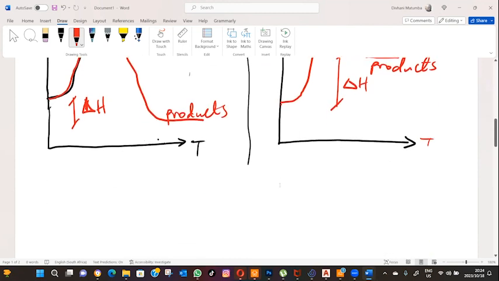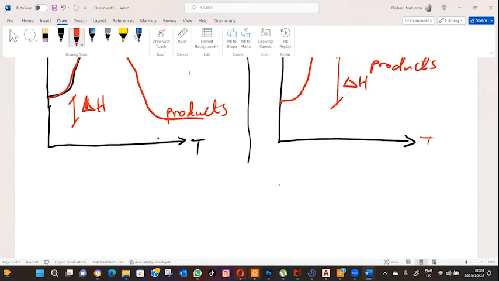Now, we also have a term, the rate of reaction.